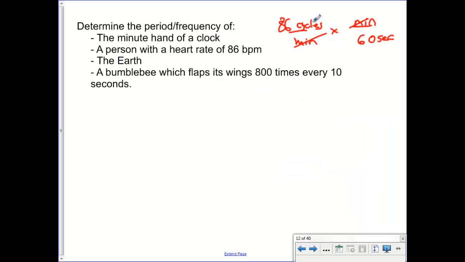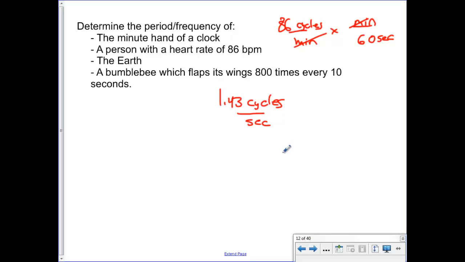If you took 86 cycles per minute and divided by 60 seconds, what would you have? 86 divided by 60? Okay, so you have 1.43 cycles per second.